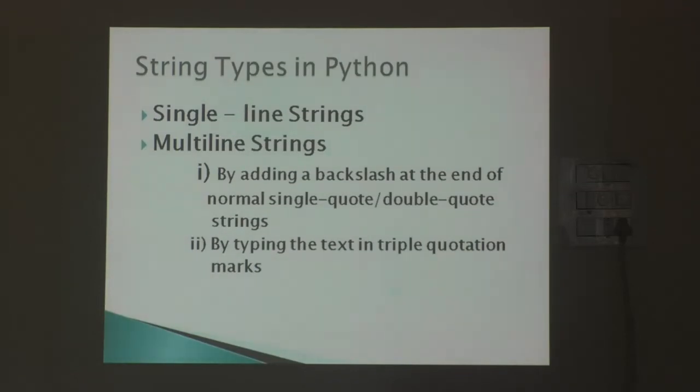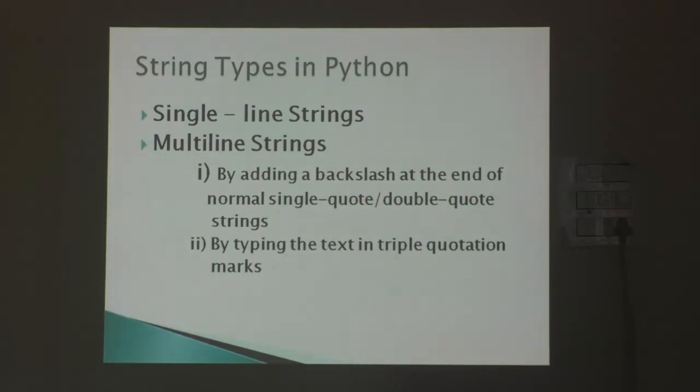In a multi-line string, we can give the multi-line string in Python in two ways. What are the two ways? The first way, by adding a backslash at the end of the normal single quote or double quote. The second way, by typing the text in triple quotation marks.